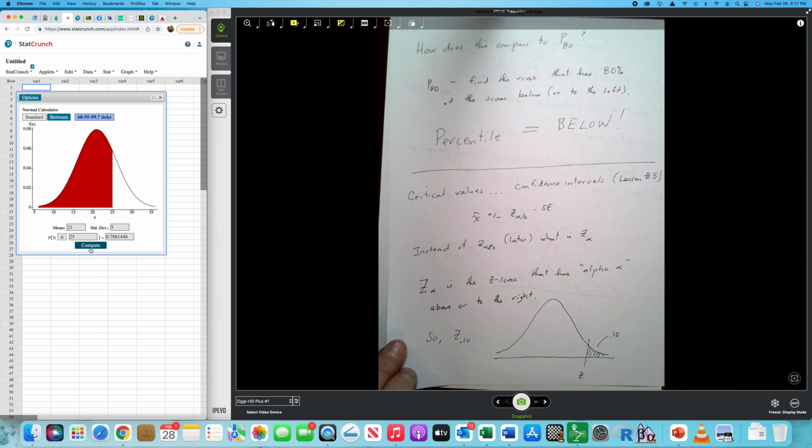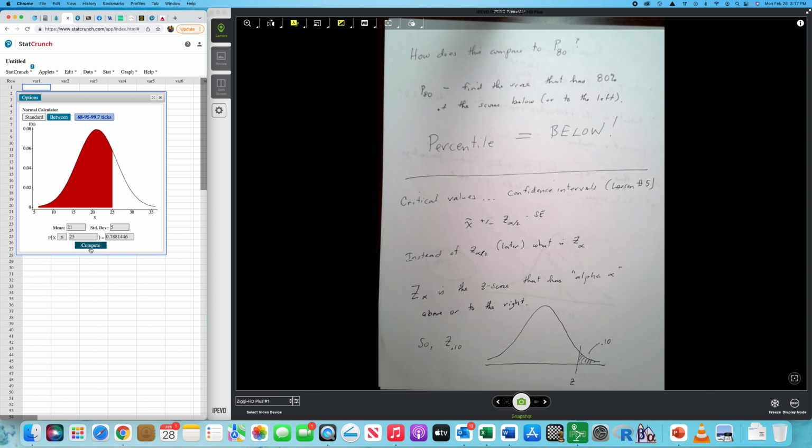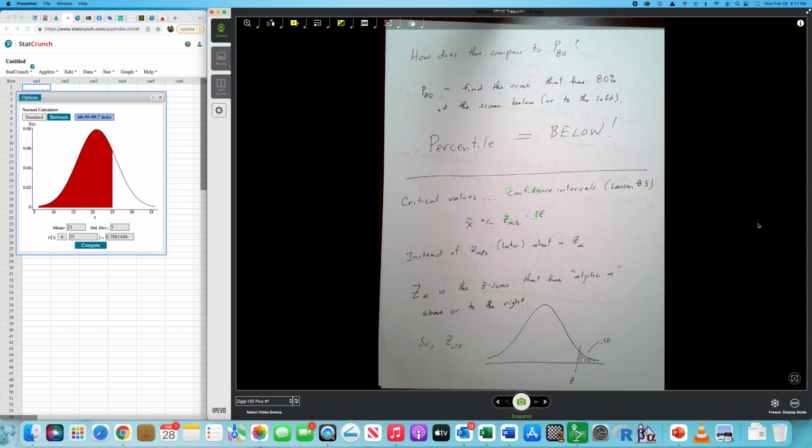Now, we take a little different approach. How does this compare to P80? Let me see if I can get this clear. Yeah, that's a little bit better. When I put my hand in there, it just messes stuff up. Anyway, how does this compare to P80?